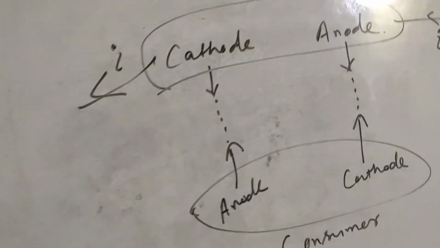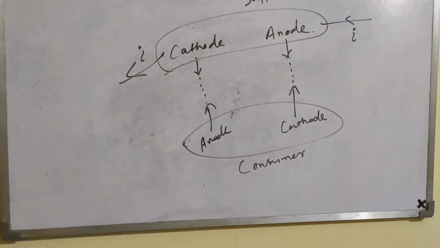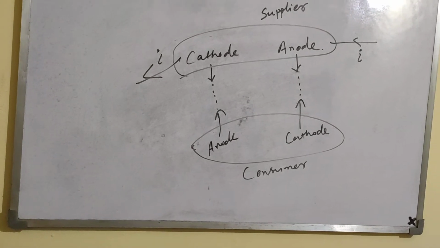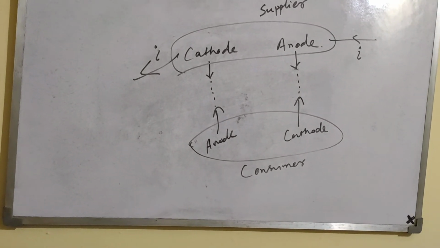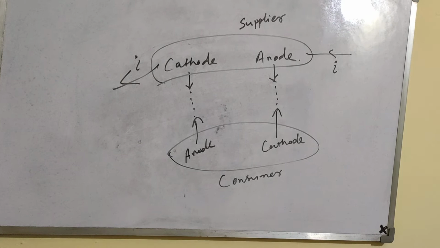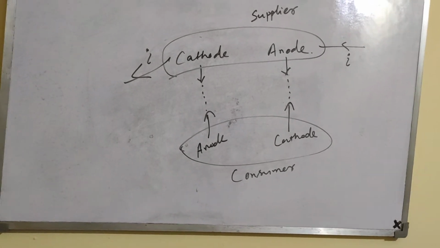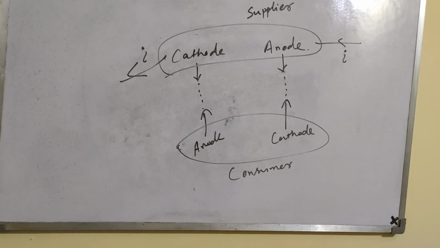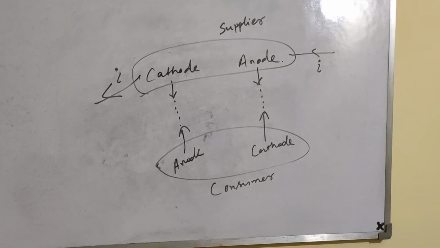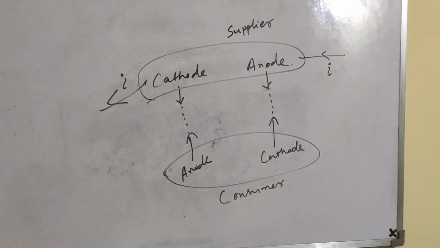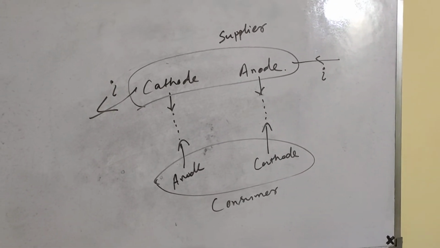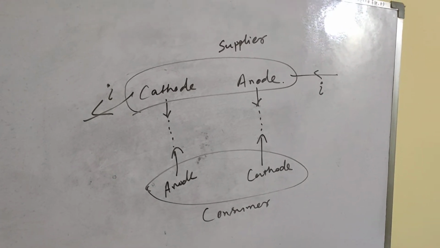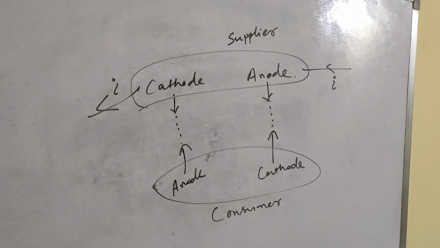Conservation of charge says that if Q amount of electrical charge leaves in some time interval delta t, the same amount of charge in the same time interval has to enter the supplier, because the supplier always remains electrically neutral as a whole. So as per CCD, the positive terminal from where the current departs is the cathode, and the negative terminal where the current enters is the anode.